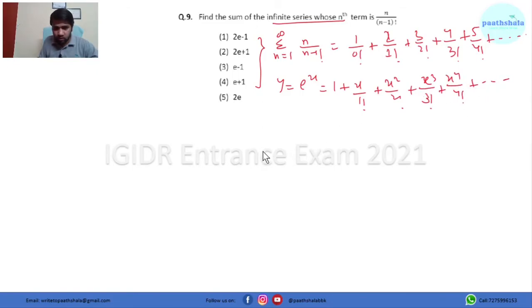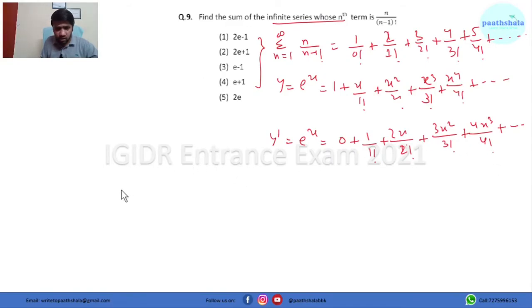Now let's differentiate it. This will come out to be e to the power x, and here it will come out to be 0 plus 1 upon factorial 1 plus 2x upon factorial 2 plus 3x square upon factorial 3 plus 4x cube upon factorial 4, and so on.